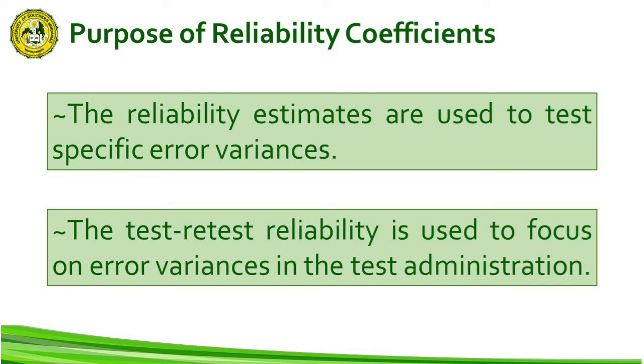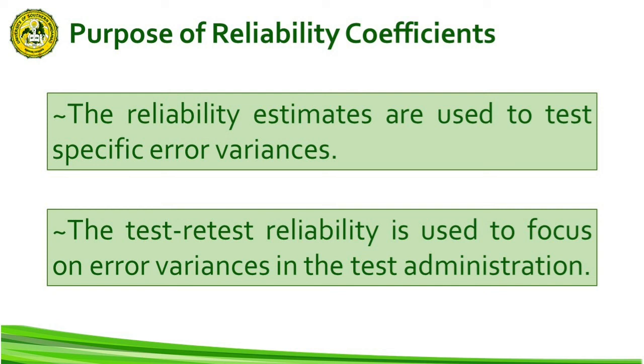So not all the time na yung reliability coefficients ay lahat ng parang sources of error variance ang pinapakita niya. So, hindi lahat ng reliability estimates parang gina-target niya yung error variances, lahat ng error variances, hindi.